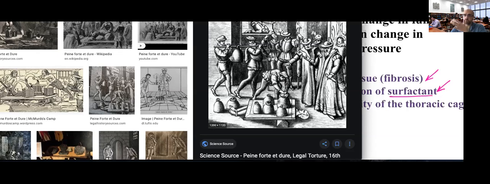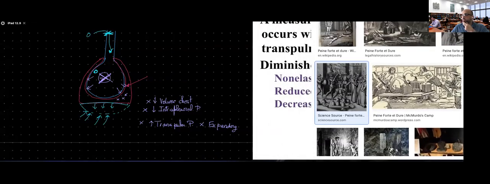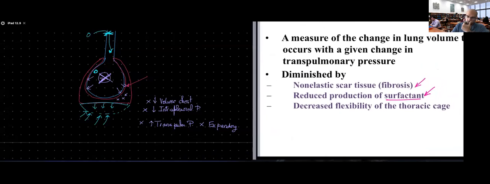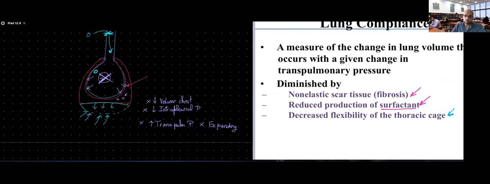And again, when you add those weights, this will limit the thoracic flexibility. And if you're limiting the thoracic flexibility, this will result in a reduction in the lungs compliance, preventing this person from being able to get air in and out. All right, questions?